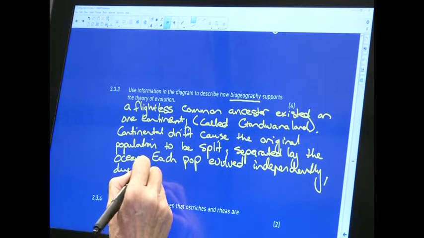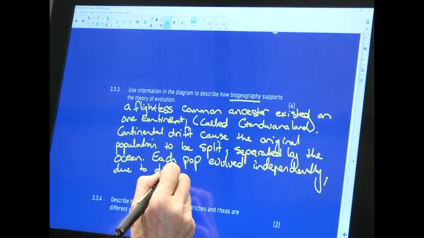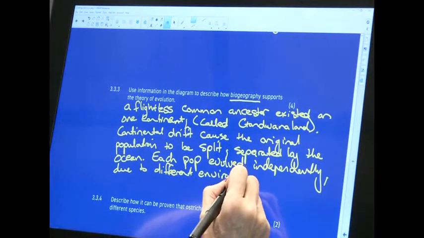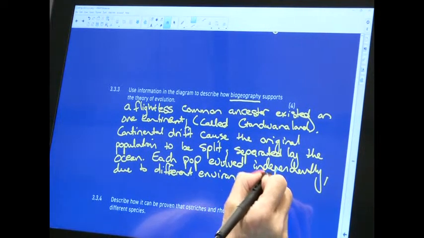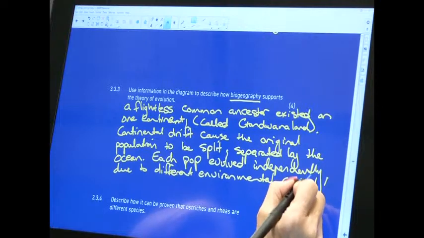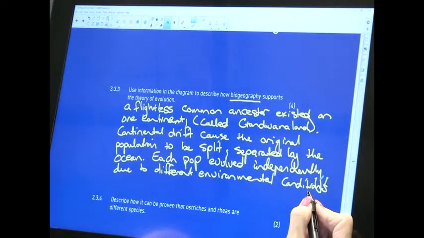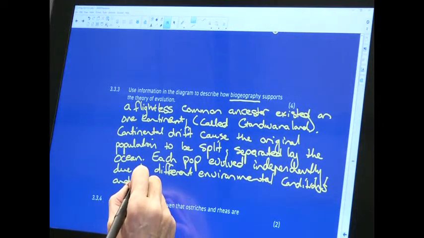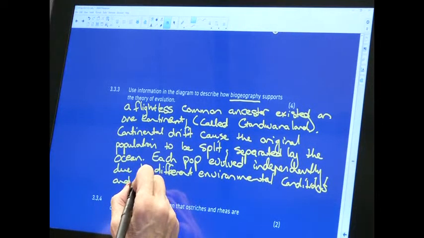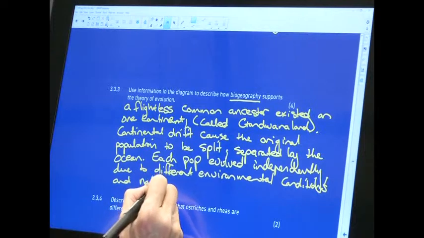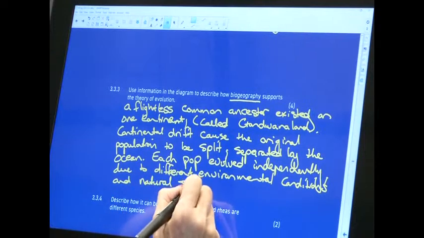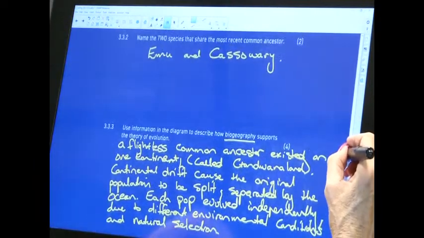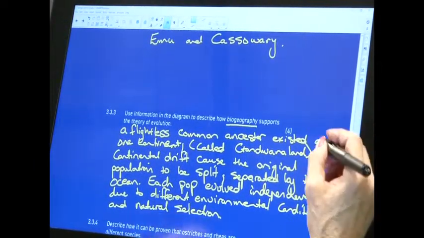Why? Due to different environmental conditions. Okay? And remember the variation we spoke about just now? And natural selection. Okay, do I have enough space here? Yeah, okay.